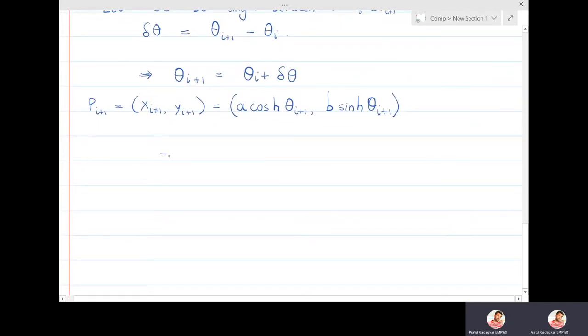It's equal to (a cosh(θi + Δθ), b sinh(θi + Δθ)). Now we have seen the formulas above. What is cosh of θi + Δθ?